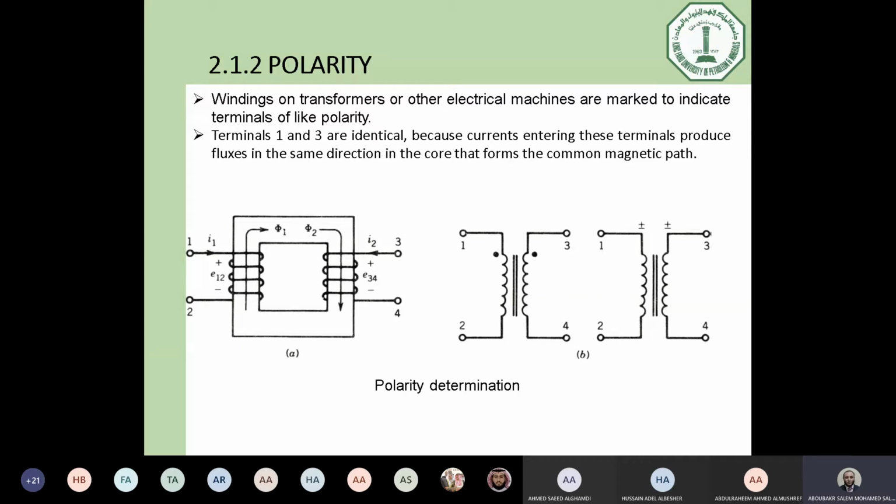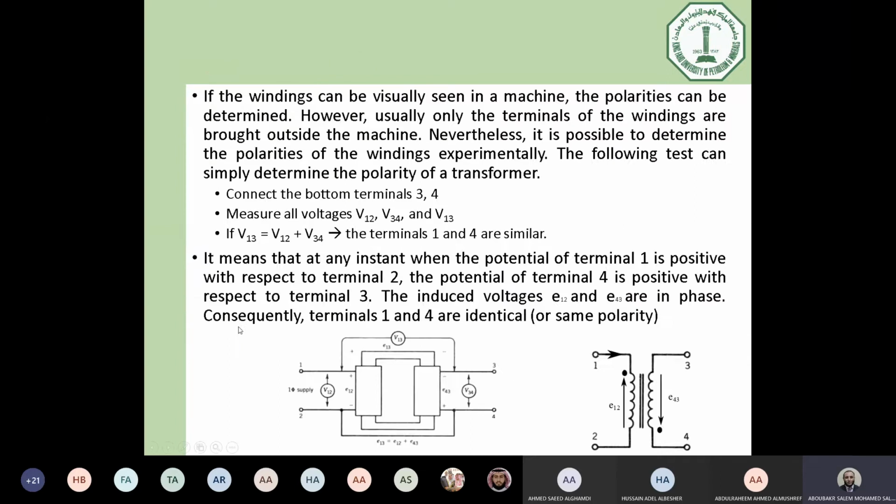Firstly, we have a rule to identify the flux direction, which is called the polarity rule. What is this rule? Simply, if you have windings here, winding number 1, 2, and 3, 4 for this transformer, based on the Maxwell right-hand rule, you can find the flux direction.